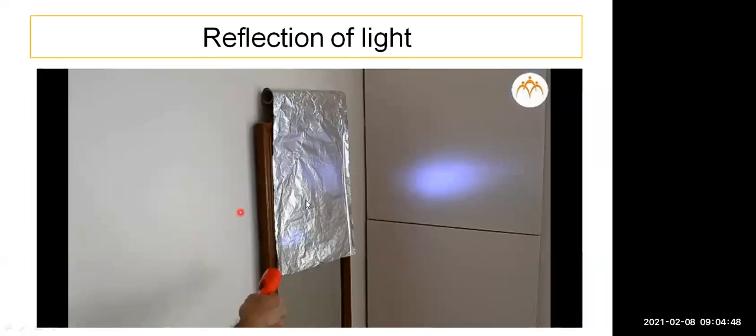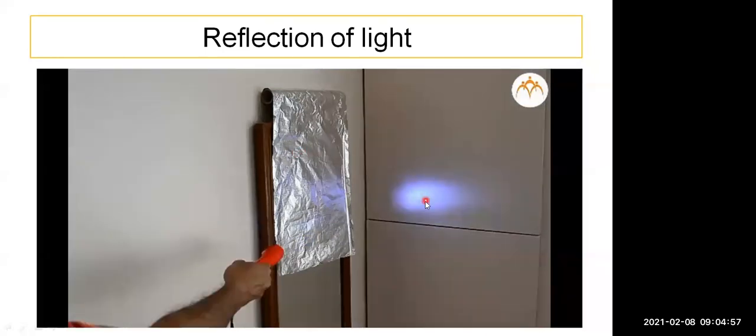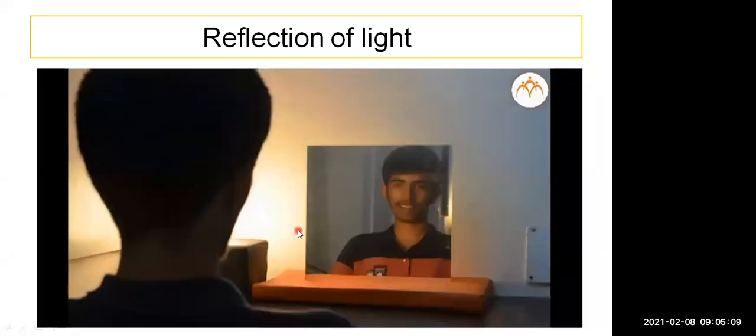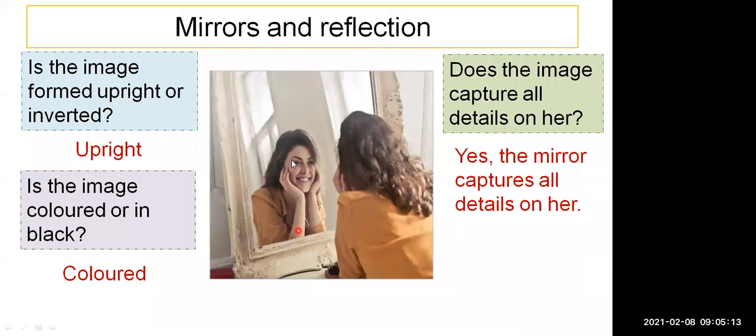Now, if we shine a torch light on an aluminium foil which has an irregular surface, you can see the image, but it is a blurred image. But if you shine the same torch light on a mirror, you can see a very sharp image of the torch light. That is how on the mirror you can see your own image. So how is the reflection seen in the mirror?